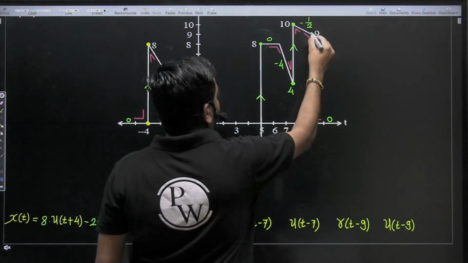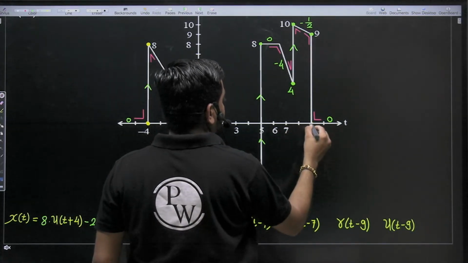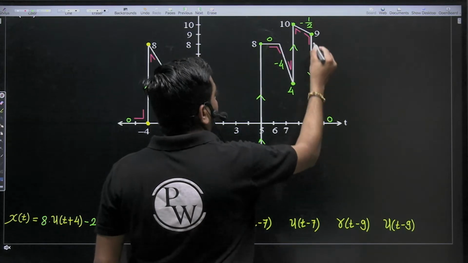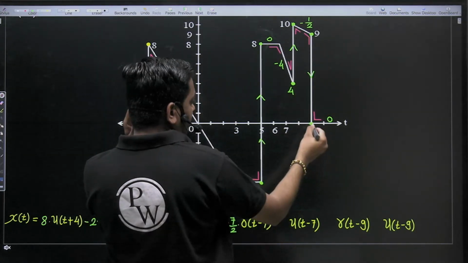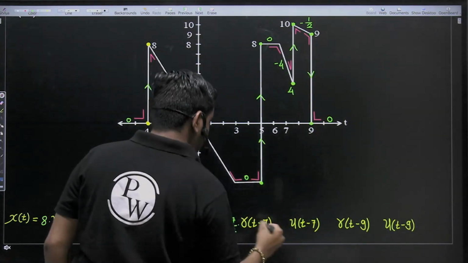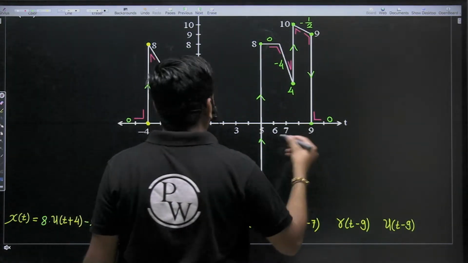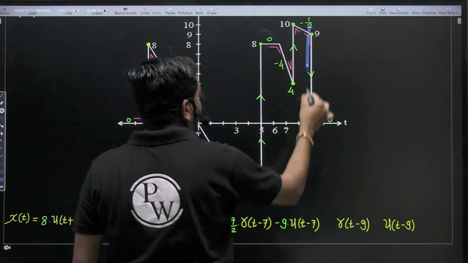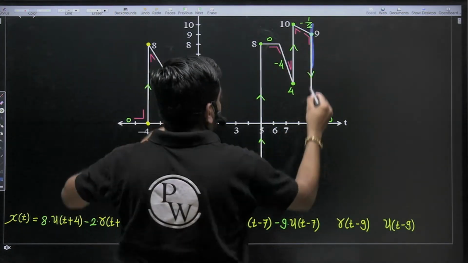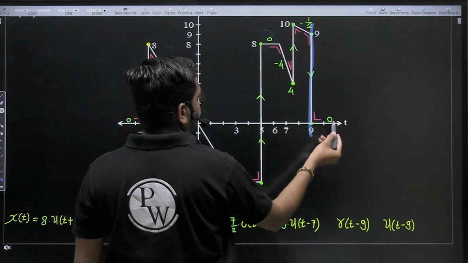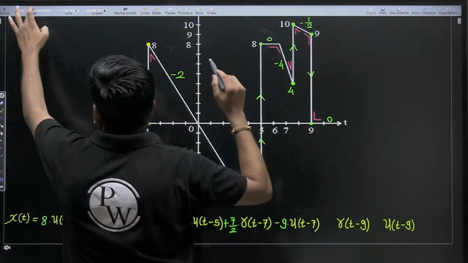Next, at t equal to 9 a sudden change, a sudden change in amplitude from 9 to 0, so next amplitude minus previous amplitude, 0 minus 9, so it is minus 9. And a linear change in amplitude is also there, so next slope minus previous slope, 0 minus 1 by 2.